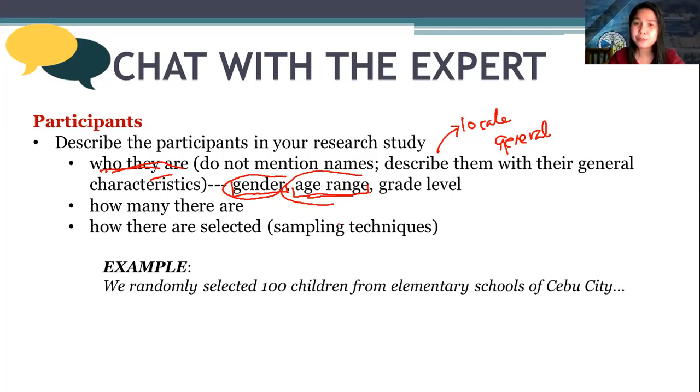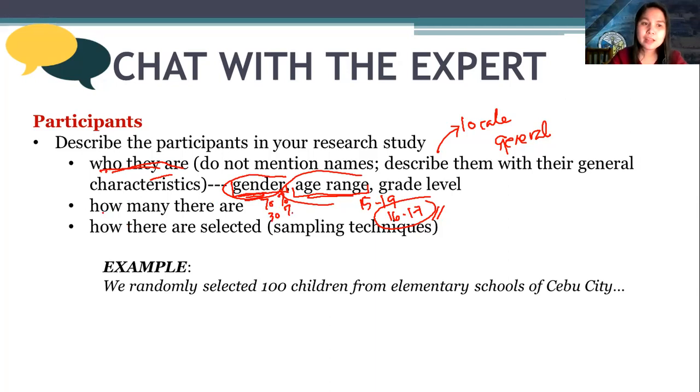So for example, if in your proposal paper, you just say between 15 to 19 years old, but in reality, your participants' age only ranges from 16 to 17, then you need to report this in your final paper. In the gender, you just say most of them are males, but in your actual data gathering, you need to say 70% are males, while 30% are females.